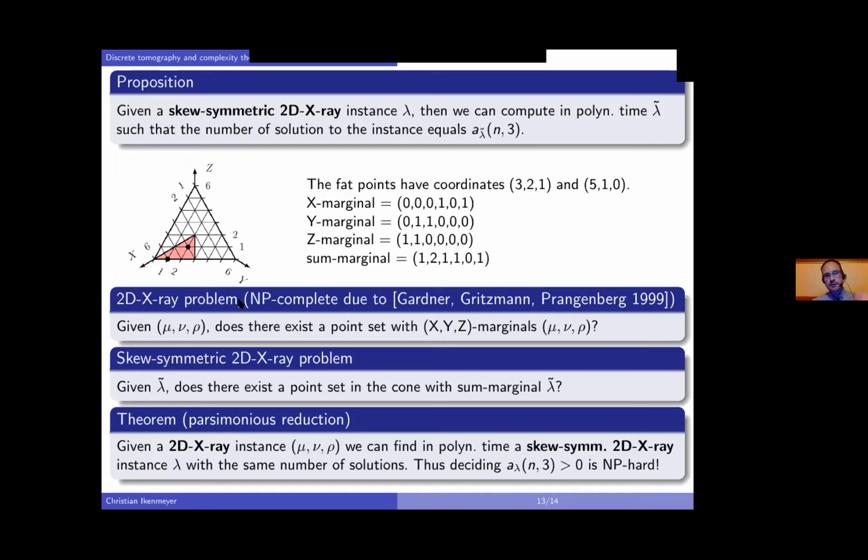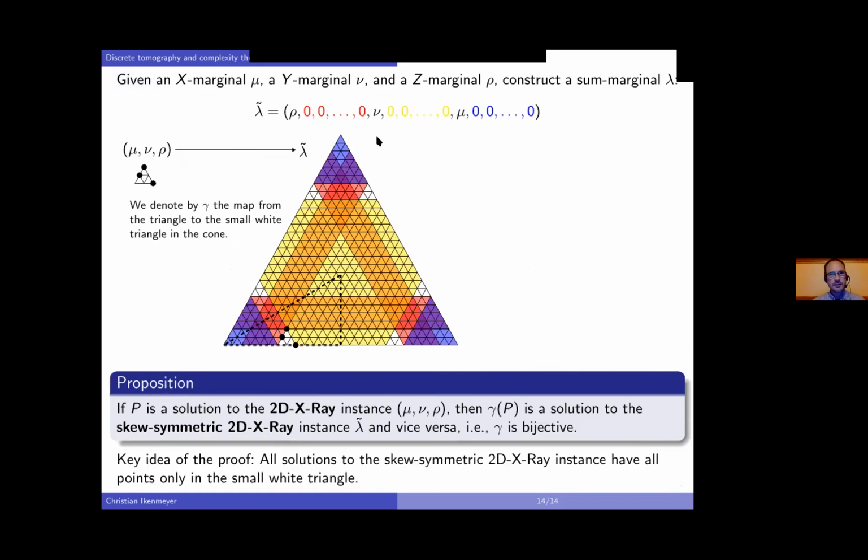So this is called a parsimonious reduction, and there's a cool picture here. I don't want to go into the details here, but the main idea is somebody gives you an X marginal mu, a Y marginal nu, and a Z marginal rho. You have to somehow create some new sum marginal, and this is how you do it.